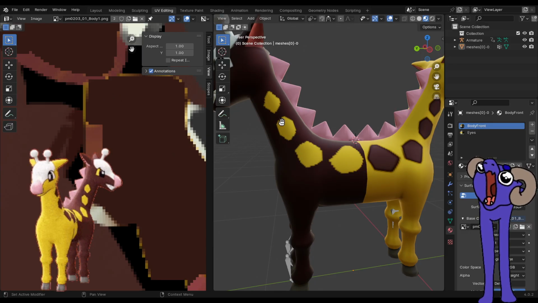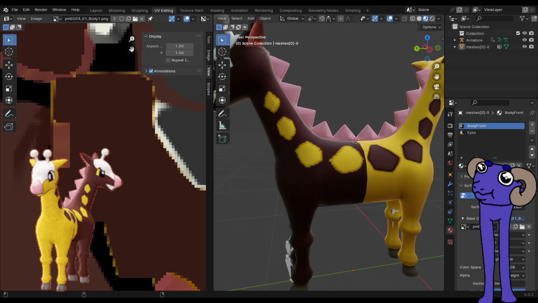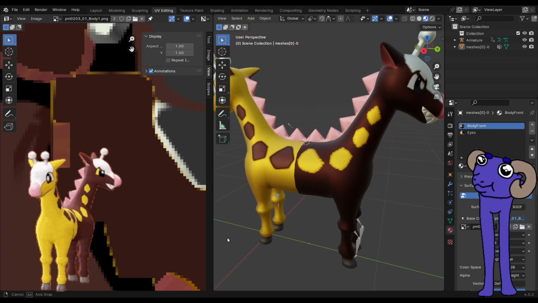And then we want the outline to be inside. Yeah, there we go. The spots now have outlines.